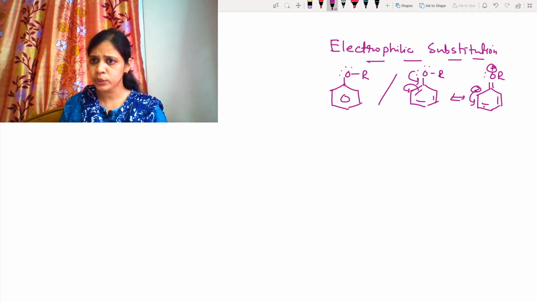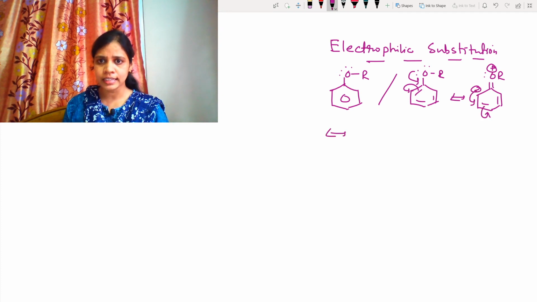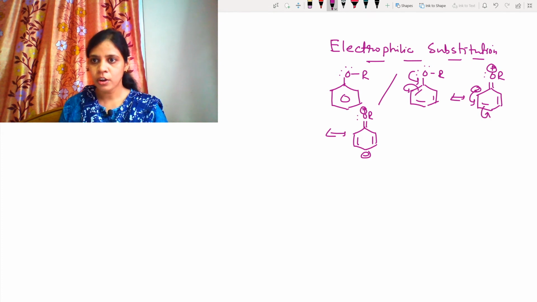If I continue the resonance, we'll get this type of resonating structure. Already it comes at ortho. Now it is para. If I do further resonance, then the negative charge comes at the ortho position.